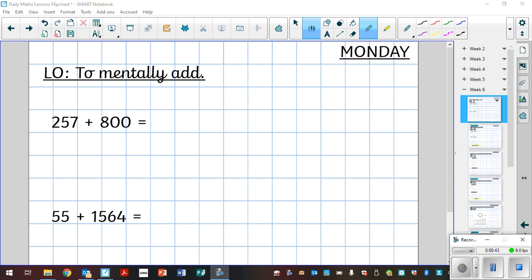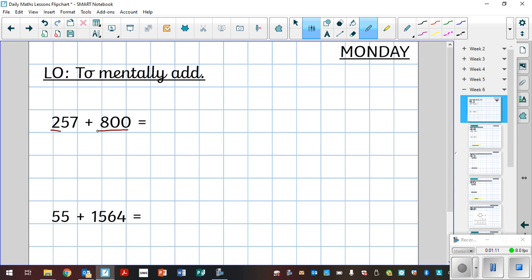We've got 257 plus 800. Just thinking, if you looked at that question, how could you add that mentally? Let's have a look. If we look at partitioning some of those numbers, we can see that there is 200 here and there's 800 here. We can mentally add that together because when we are adding hundreds, that's quite an easy thing to do.